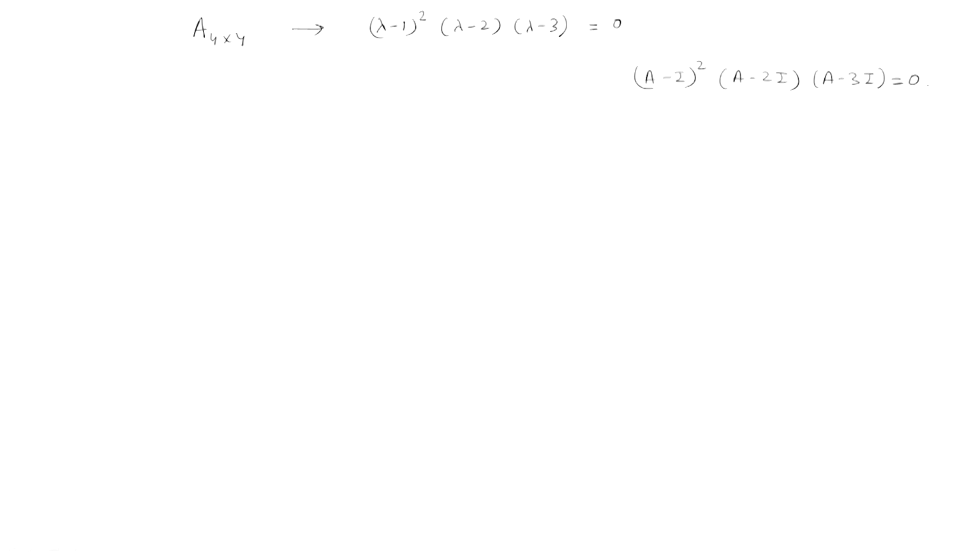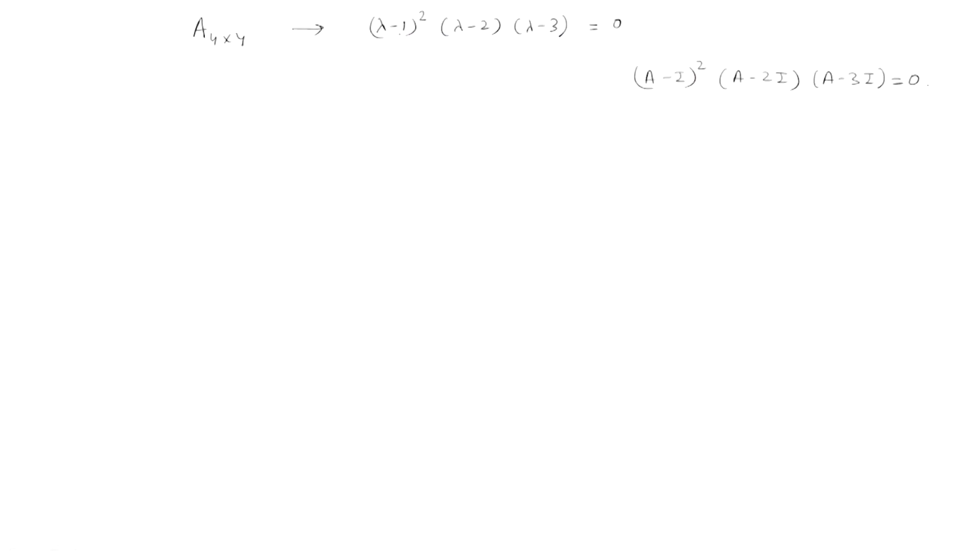Okay. The important property of the minimal polynomial is that it contains all the different roots. The different roots are 1, 2 and 3. So, the minimal polynomial will always contain (lambda minus 1), (lambda minus 2) and (lambda minus 3) at least. Okay.